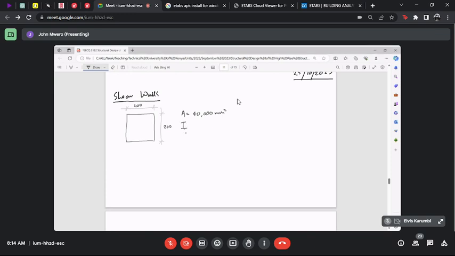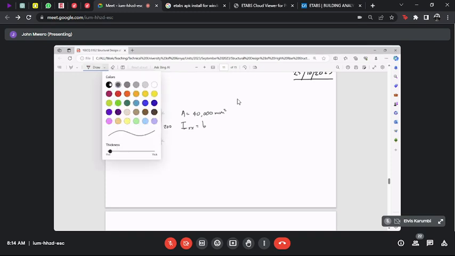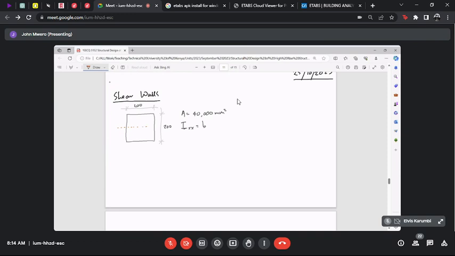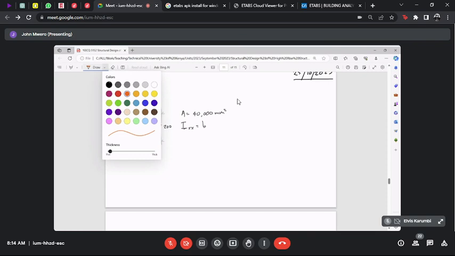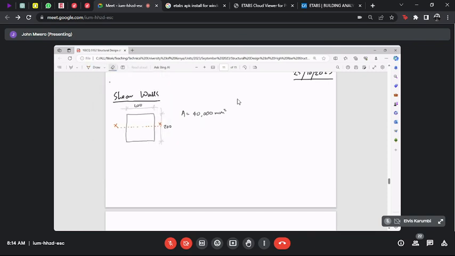And the second moment of area of this section, about an axis XX at the center there, is BD cubed over 12, which is B is 200, D is also 200. We got 200 cubed over 12.